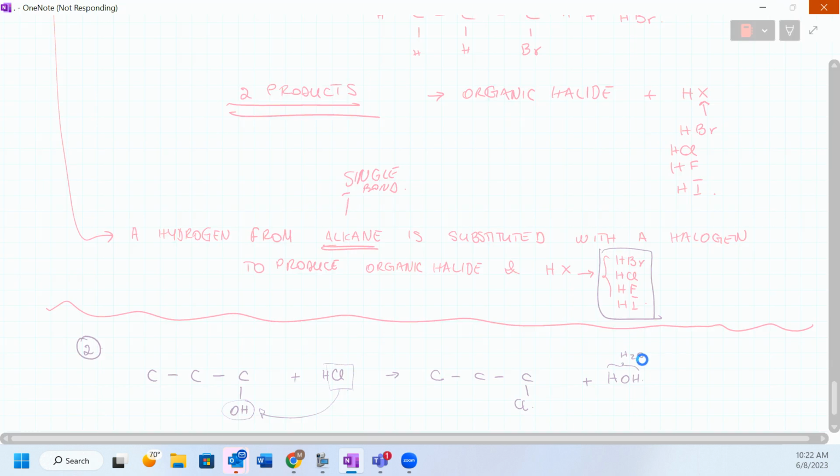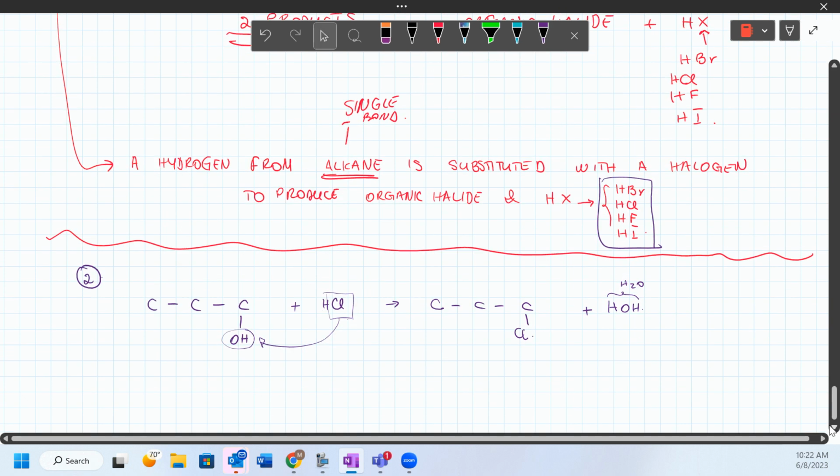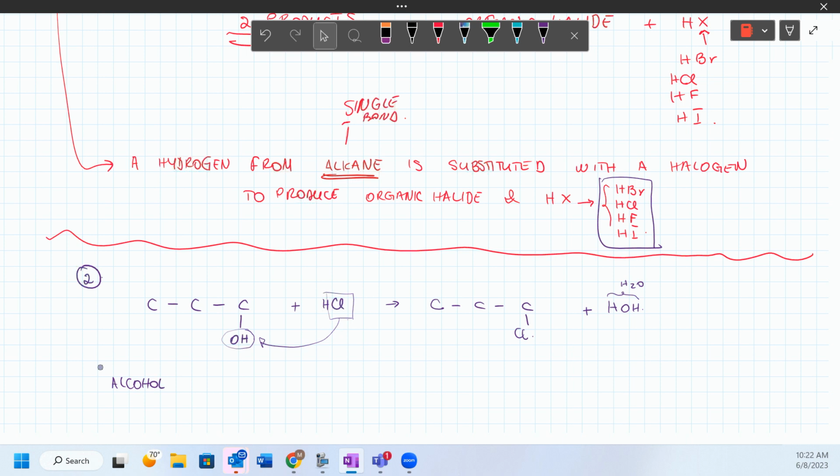So when we have an alcohol reacting with an HX, this is the second type of substitution.